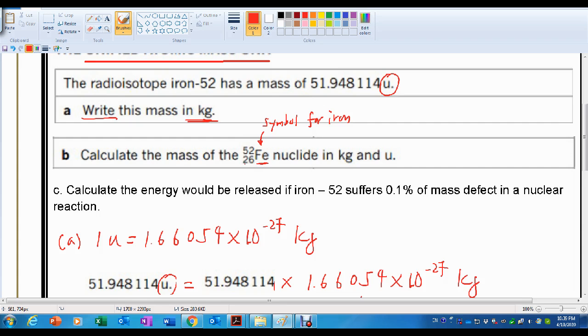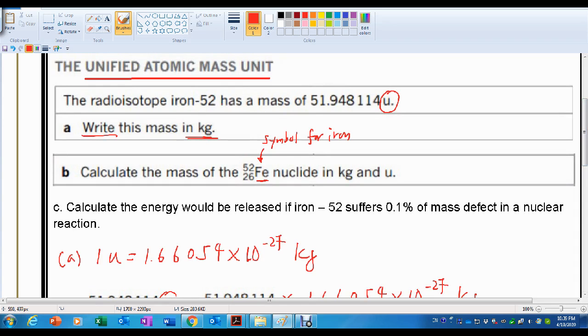Why do they give you that one? You need to see this radioisotope for iron has mass. So this mass is for the radioisotope. A radioisotope is kind of an atom. But here you're going to find the mass of nuclei.